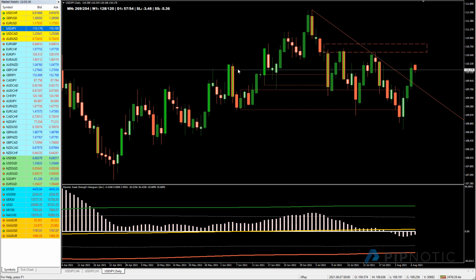So price will jump higher, and because of that, it's created this liquidity void, or a price inefficiency, or a price imbalance, whatever you want to call it. And these will have to rebalance at some stage, because it's an inefficient market, and essentially you want to ensure that we're trading efficient, highly liquid markets.